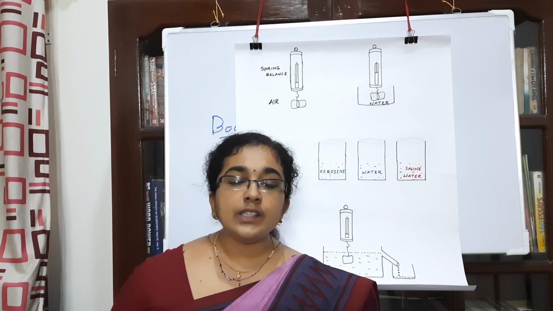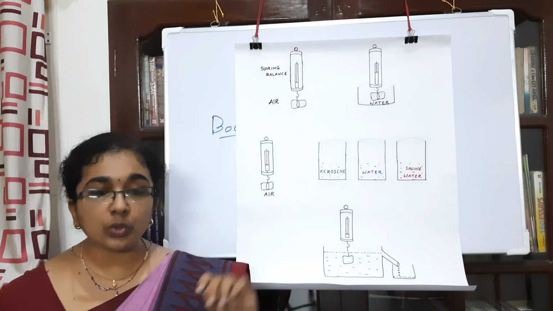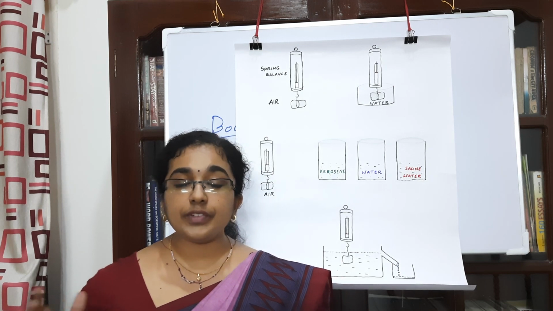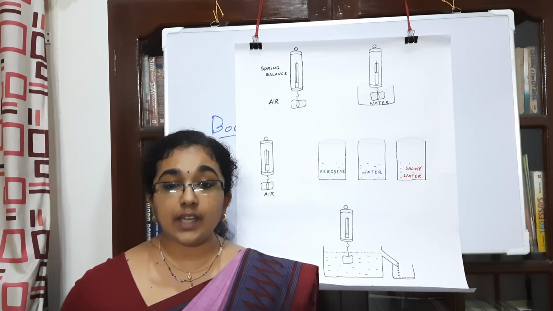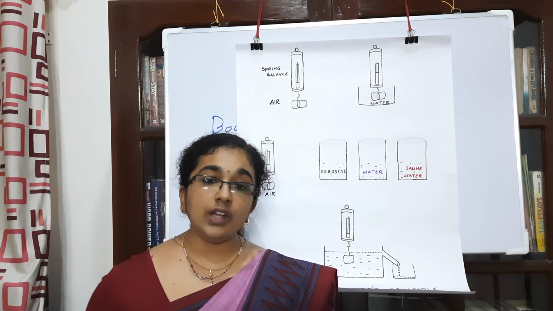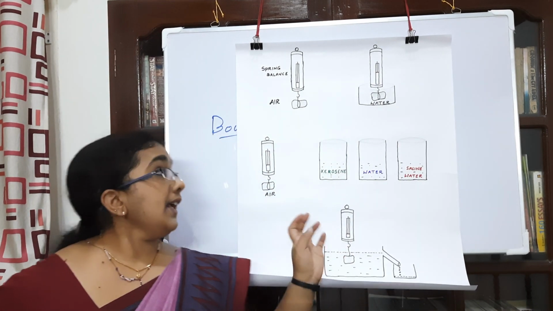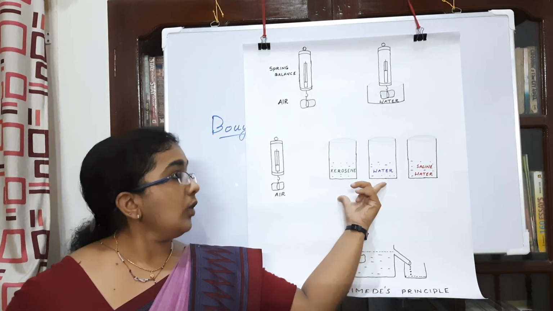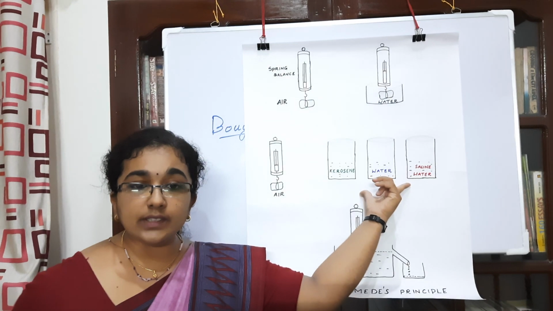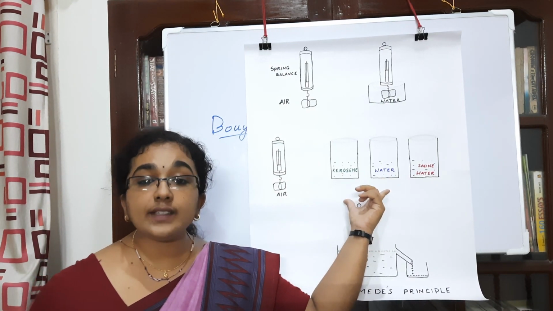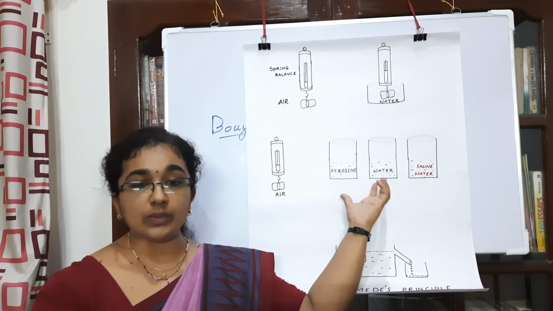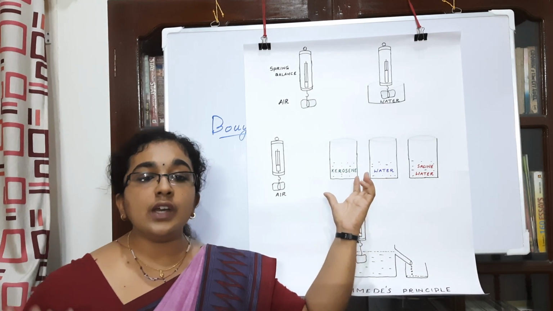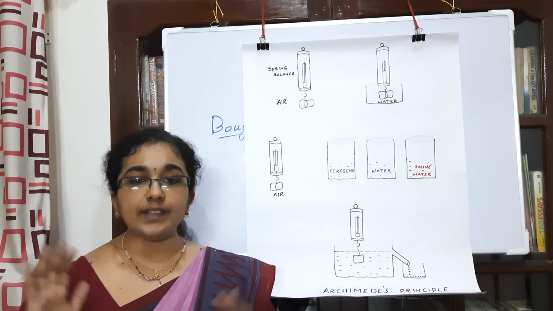For that we are going to do an experiment. In this experiment, we'll take water, kerosene and saline water, which are kept in 3 separate beakers like this. Now, what you have to do is find out the buoyancy of these liquids exerted on a piece of stone and tabulate the results.